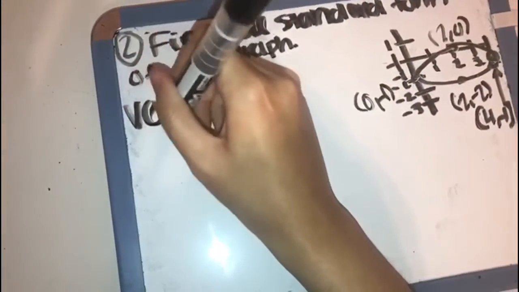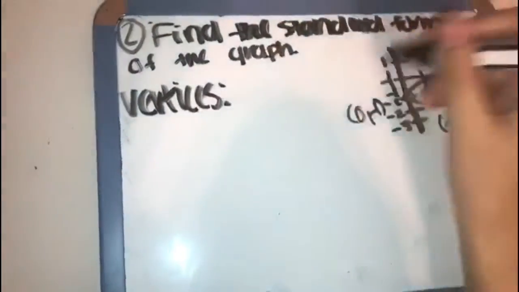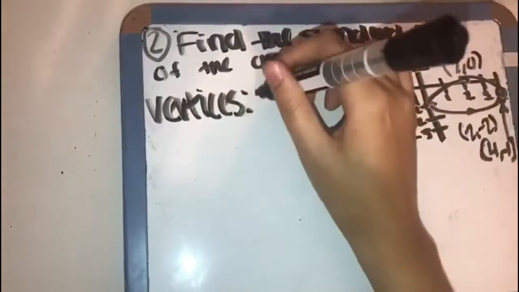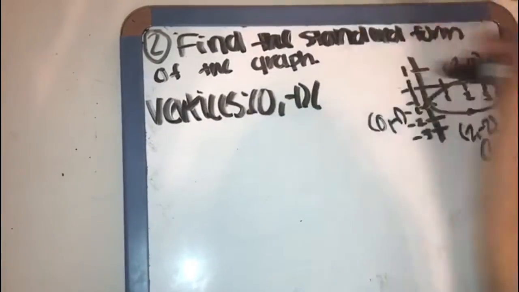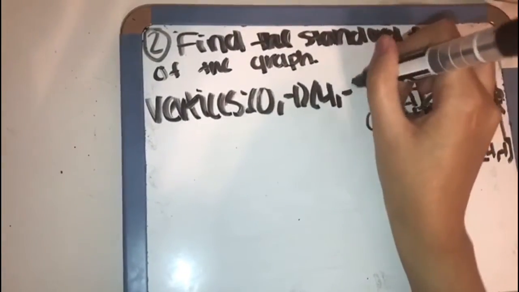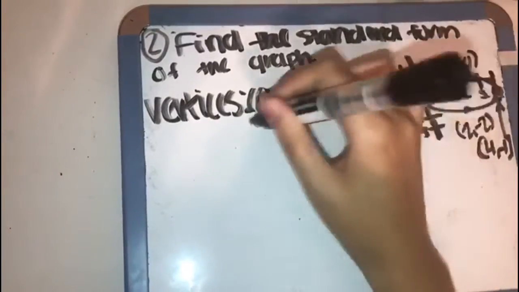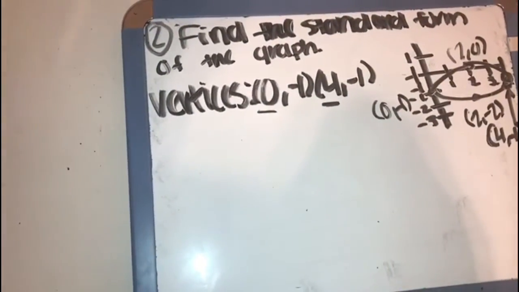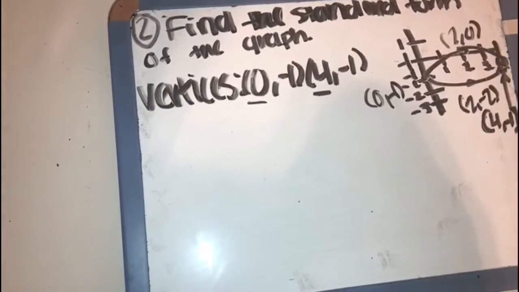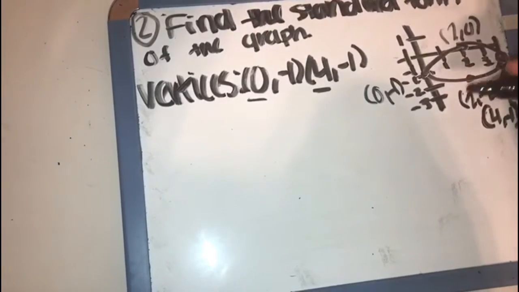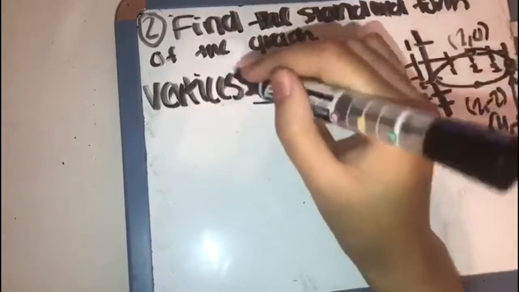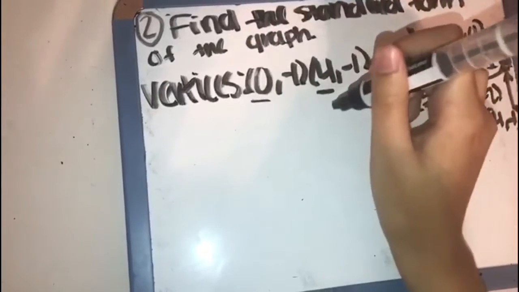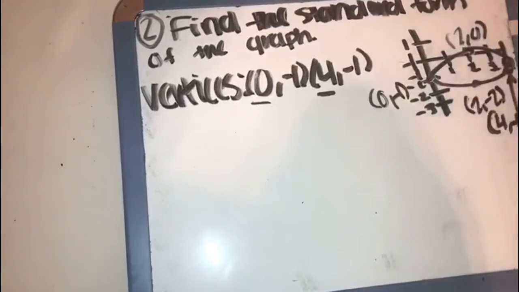The vertices, which is the first characteristic we found on this graph, are 0 and -1, and 4 and -1. Remember, x and y. So vertices is always a. So that means that a would equal, hold on. Let me just try finding this first.